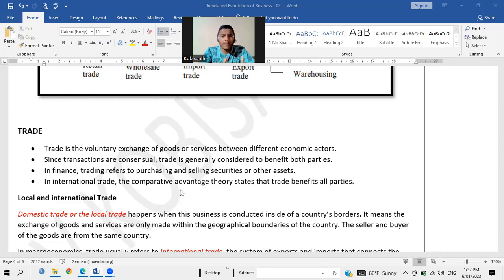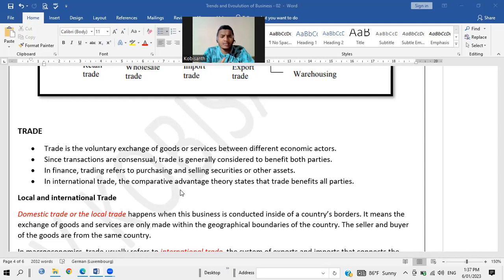See, all of us are playing different roles in an economy. Yes, it could be an individual, an organization, a society, a district, a province, a country, or a group of countries. See, everyone plays different roles. So that's why we call them economic actors.